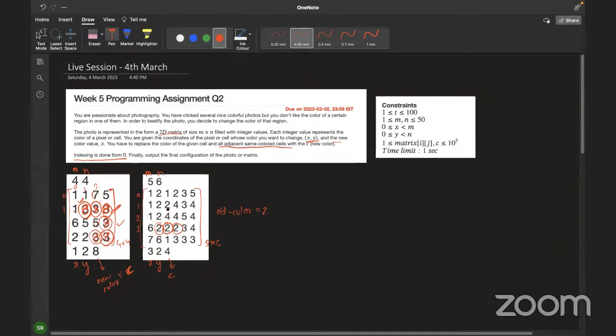You need to see this 2. For this 2, we'll see that this 2 needs to be changed. And for this 2, we'll see that this 2 needs to change, this 2, and then this 2. And you see that no more adjacent cells can be found whose color needs to be changed.